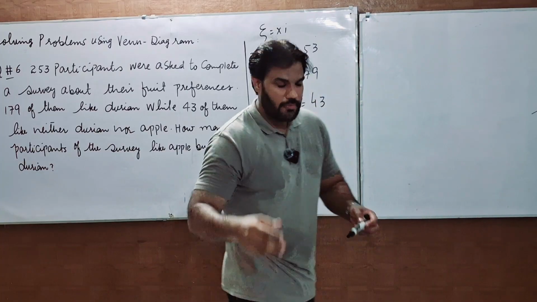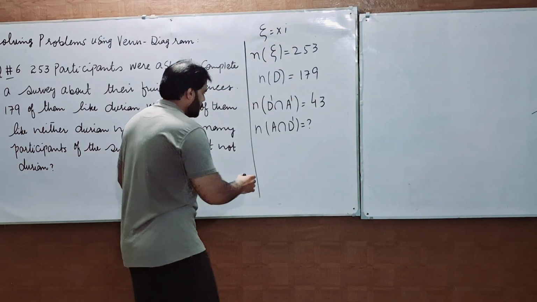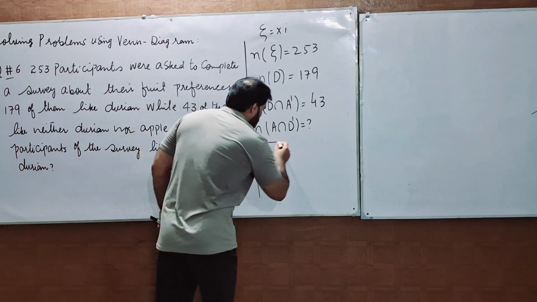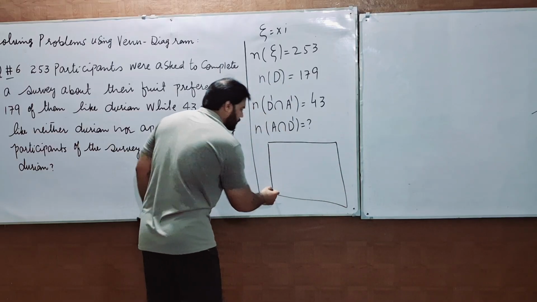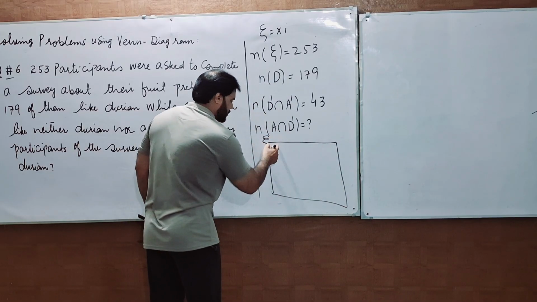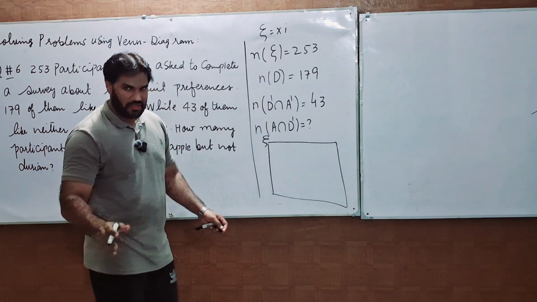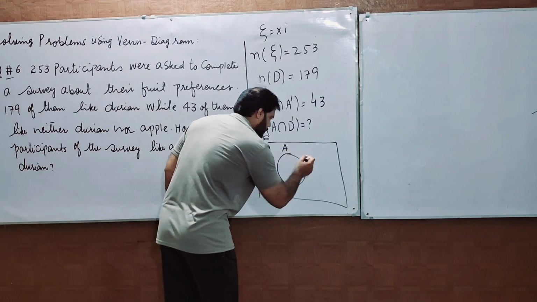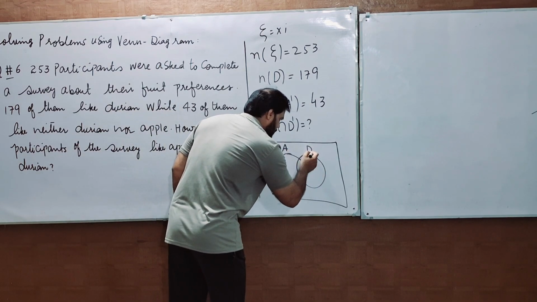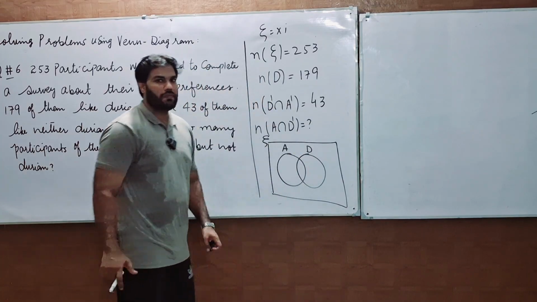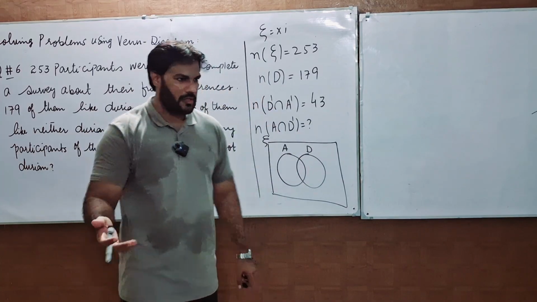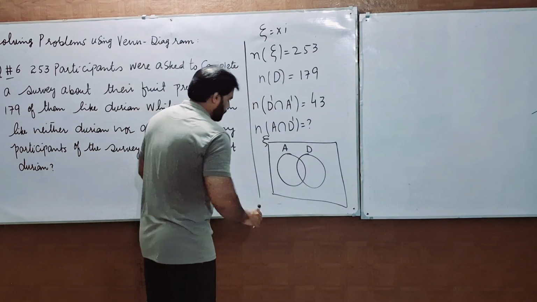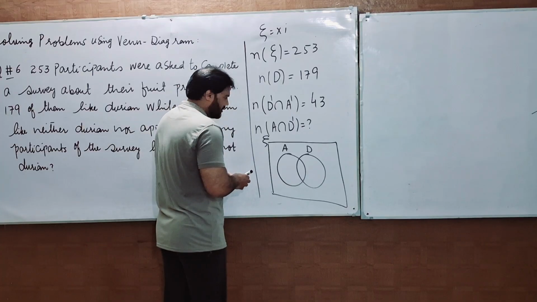We make a Venn diagram here. This is my Venn diagram. This rectangle represents the universal set. This is the first set that represents apple, and this is the second set that represents durian. This is the case of intersecting sets, or overlapping sets, you can also say. Now, what is our target?